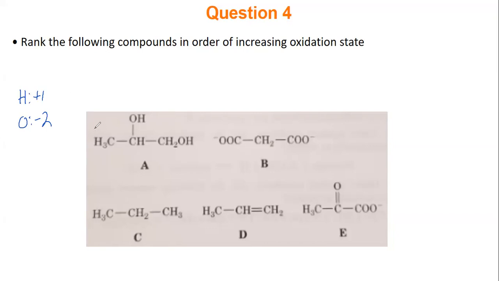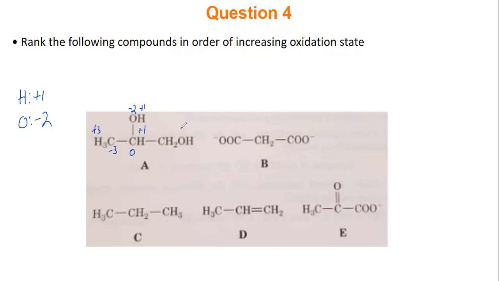So we have 3 hydrogens. Overall, that's +3, so this carbon has to be -3 for that to balance out. Here, the center carbon is connected to an oxygen, 1 hydrogen, and another hydrogen. This isn't charged, so overall, the oxidation state of the carbon in the center will be 0.